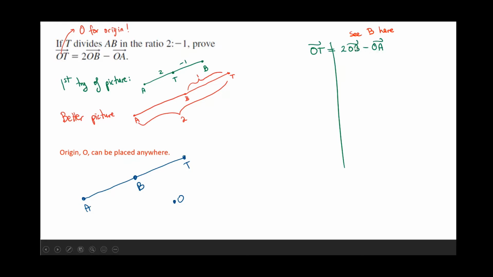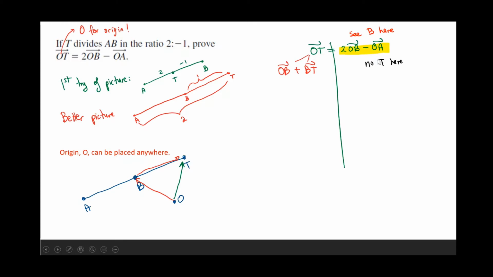On this right side, I see that there is a B, but here I don't see it. So maybe we can go from OT and collapse it, or go the long route: instead of O to T, we go O to B, then B to T. Take the long route. Now at least we have OB here and OB here. There's supposed to be 2 of them.